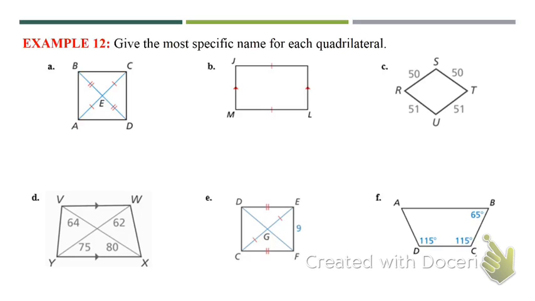Give the most specific name for each quadrilateral. The most specific name there has to be a parallelogram. There's no other information there. This one has to be a trapezoid, and it's an isosceles trapezoid because you've got one pair of parallel sides and then the other ones are congruent. So it's a trapezoid and it's isosceles.